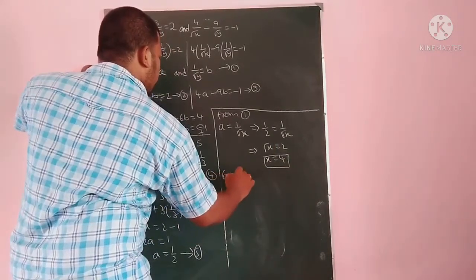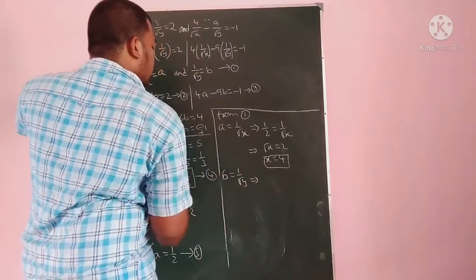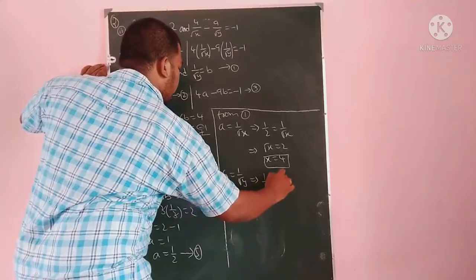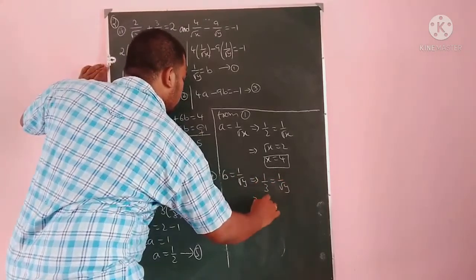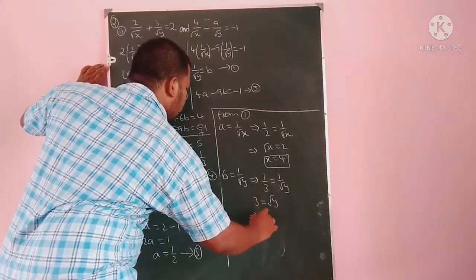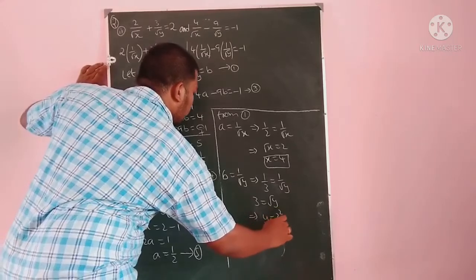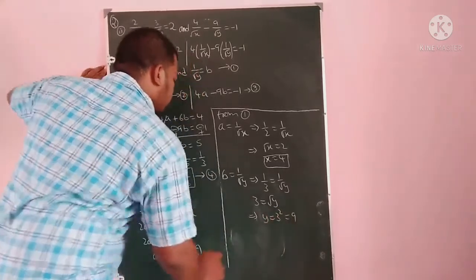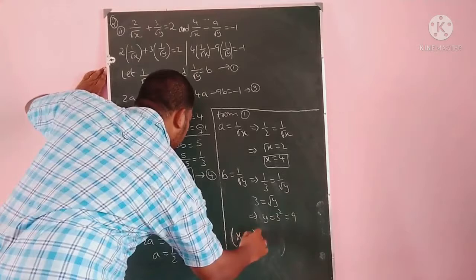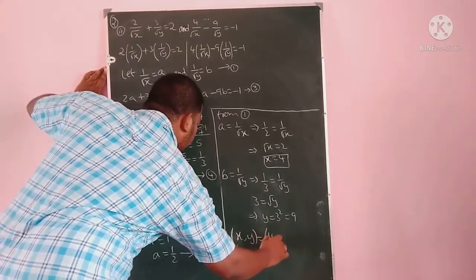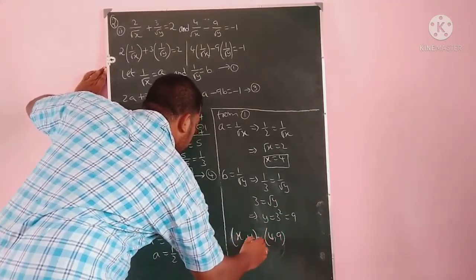Similarly, b is equal to 1 by root y. We already got the b value, 1 by 3, so 3 is equal to root y. This is nothing but y is equal to 3 square, that equals 9. So therefore x comma y equals 4 comma 9. This is the solution.